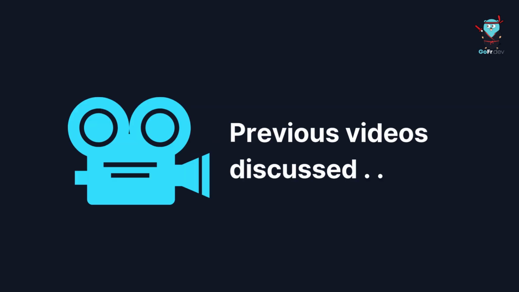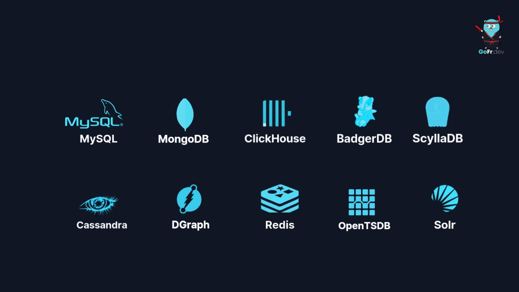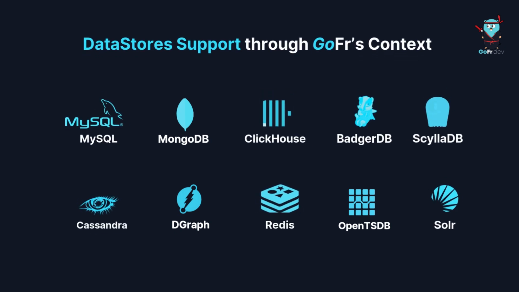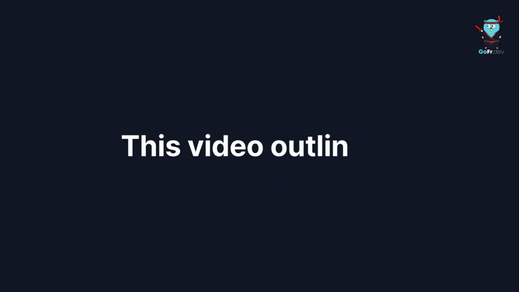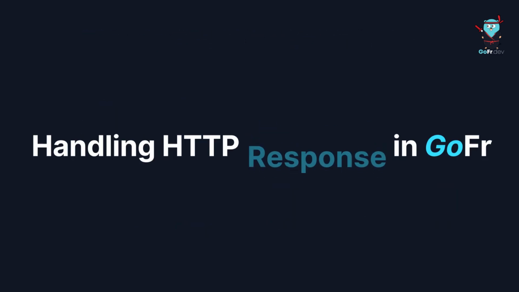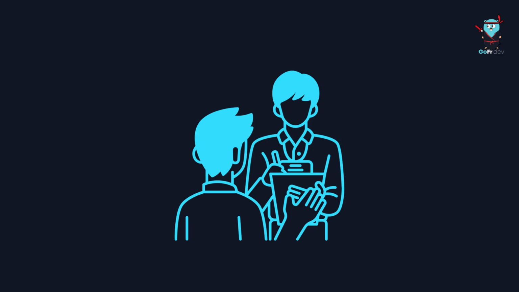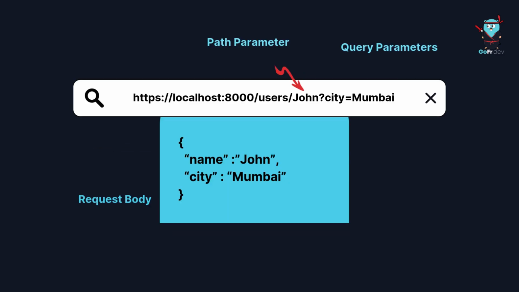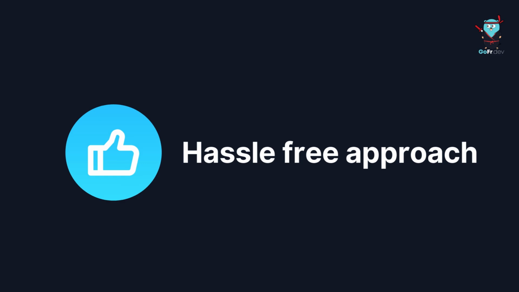In our previous video, we saw how to access different data sources through context. And in this video, we will understand handling HTTP requests and responses in a much more detailed approach. GoFr's context helps us to access different parts of an HTTP request in a very simple approach.